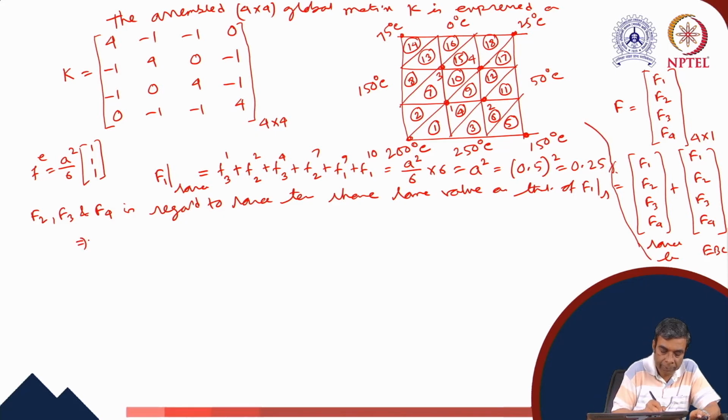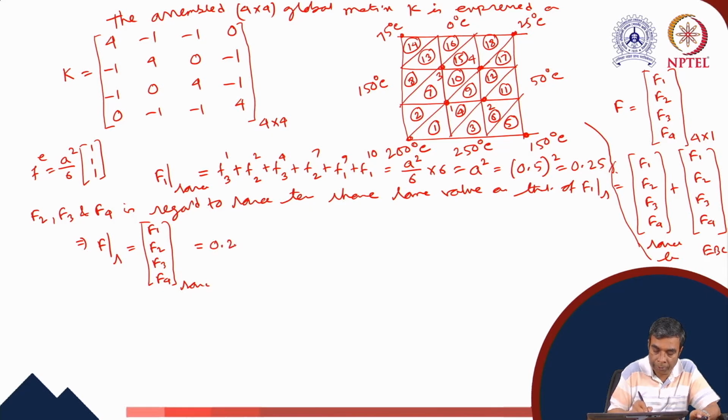This gives us F source equals F1, F2, F3, F4 source equals 0.25 times 1, 1, 1, 1.